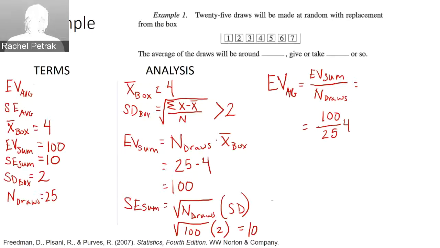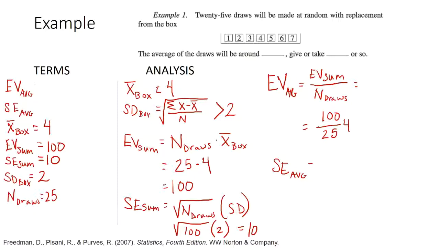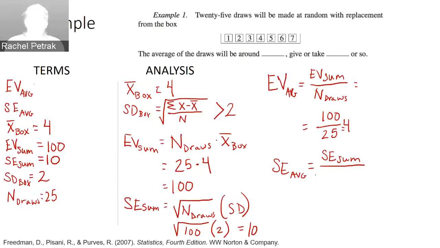Which is the standard error for the average. And we know that the standard error for the average is like the standard error for the sum divided by the number of draws.